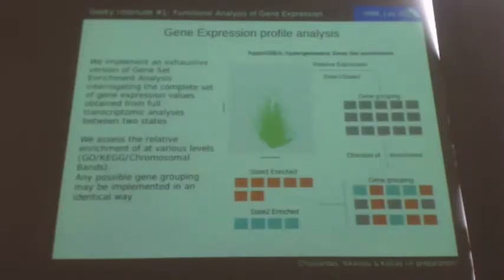In the end, you have a great number of expression values. You can have any gene grouping you have, gene ontology, pathways, topological domains, whatever, and you can just calculate the direction of enrichment according to one or the other state. So immediately you get functions or pathways that are enriched in upregulation or enriched in downregulation.